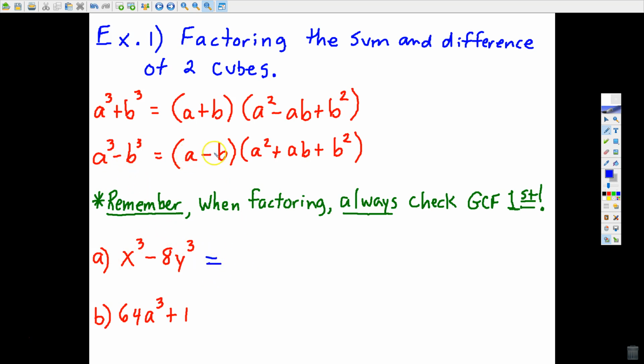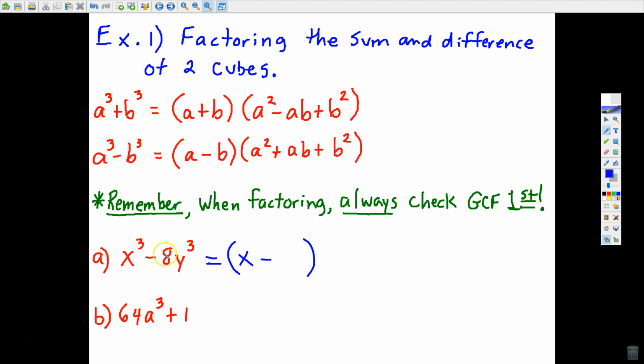This a and b in the factoring pattern represent the cube roots of each of the terms. So in this binomial, I'm going to write the cube root of x cubed, which is x. Since it's subtraction here, it will be subtraction in the factoring in this binomial. And now I'm going to do the cube root of the second term.